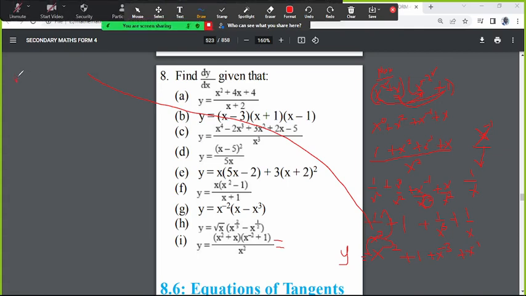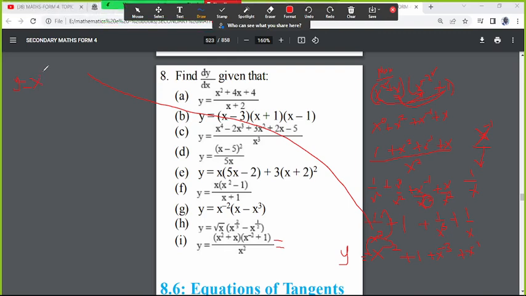So we have the expression y is equals to x power -2 plus 1 plus x power -3 plus x power -1. This expression now can be differentiated. Let's differentiate.